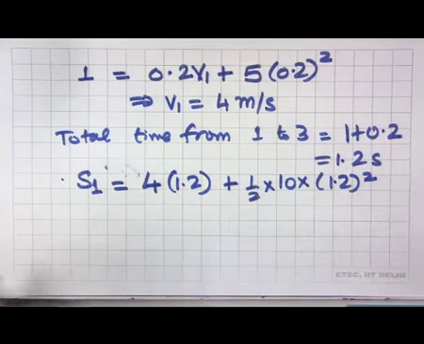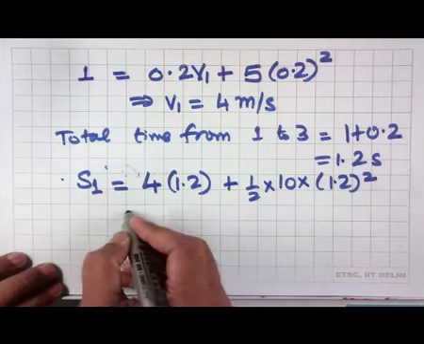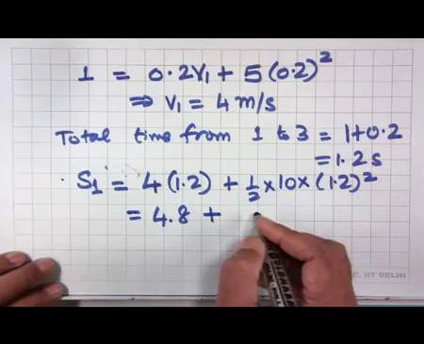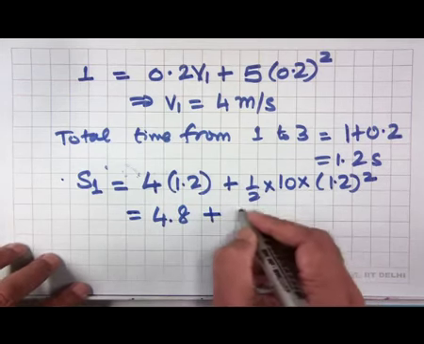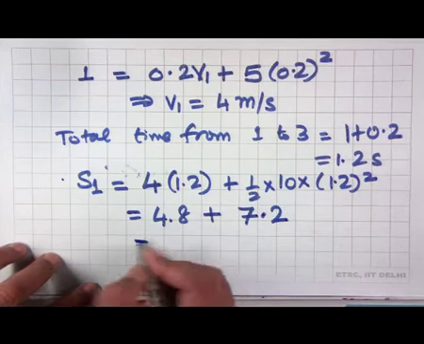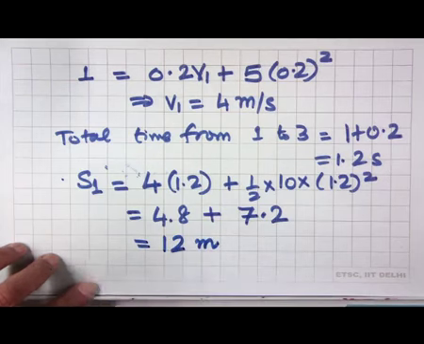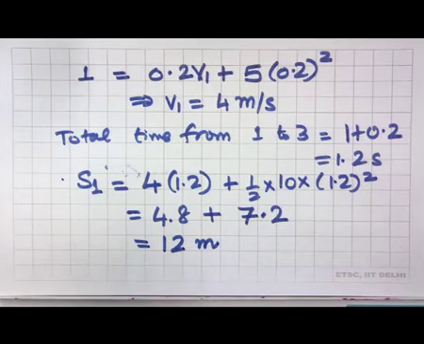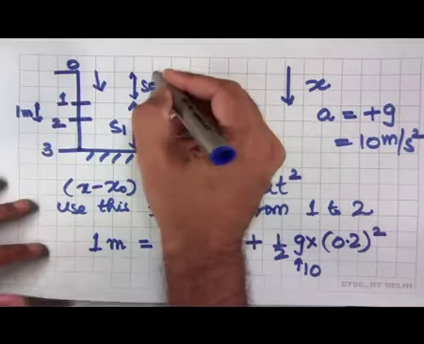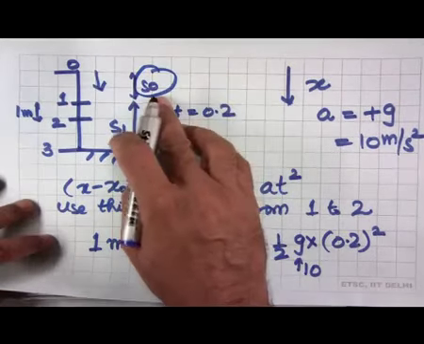So, using this, when we work this out, we will get S 1 is equal to 4.8 plus 7.2. So, this becomes equal to 12 meters. So, this is the height from the top of the window to the ground. Now, to this we have to add S 0.